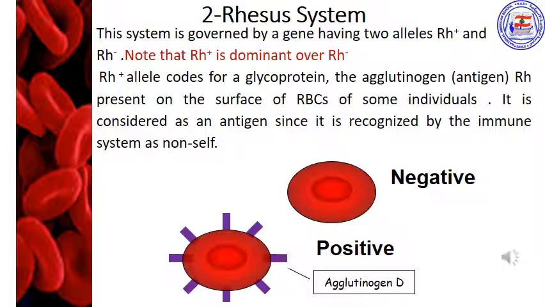Why do we consider it as an antigen? Since it is recognized by the immune system as non-self. So as you can see here in the figure below, an individual who is rhesus positive shows agglutinogen D on its surface, while an individual who is rhesus negative shows no agglutinogens on the surface of red blood cells.